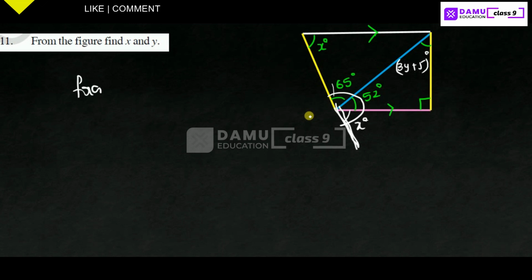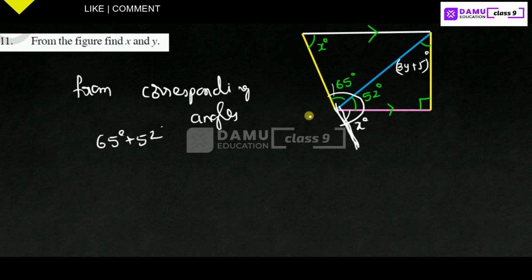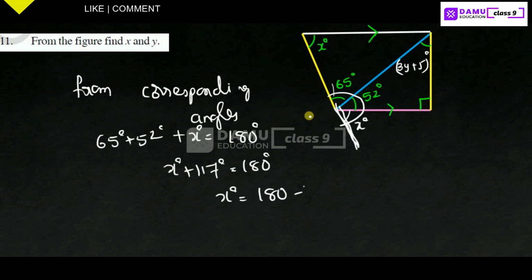So 65 plus 52 plus x degrees will be equal to 180 degrees. Then x degrees plus 117 degrees will be equal to 180 degrees. Then x degrees will be equal to 180 minus 117. Then x will be equal to 63 degrees. So like this also we can calculate.